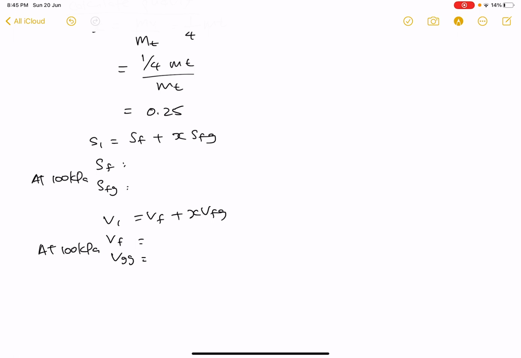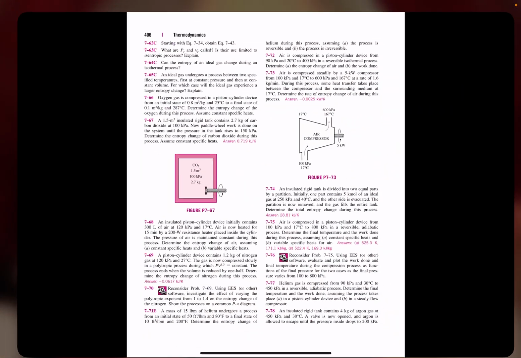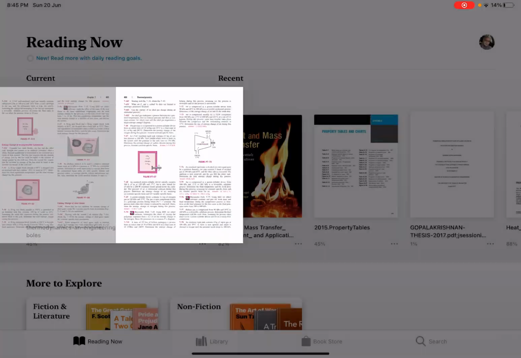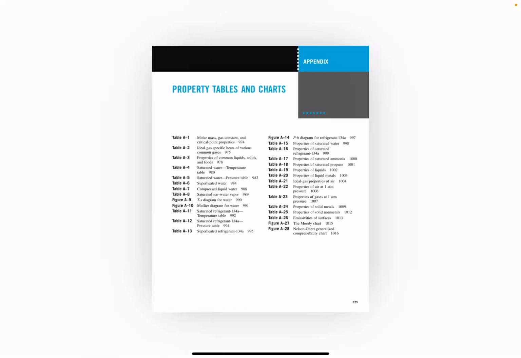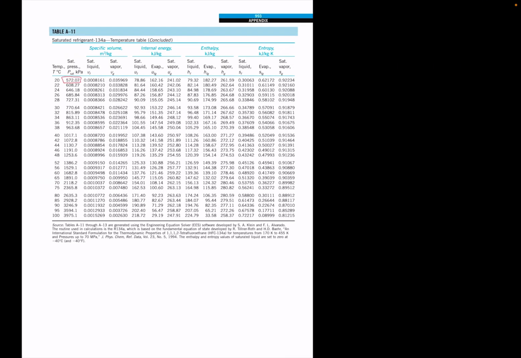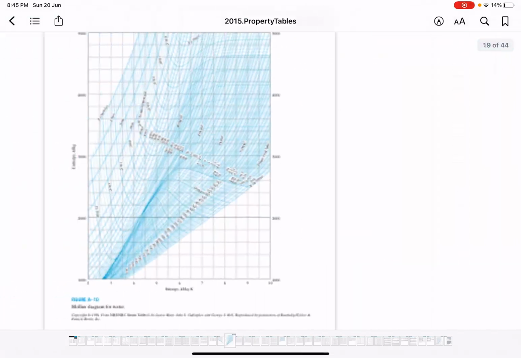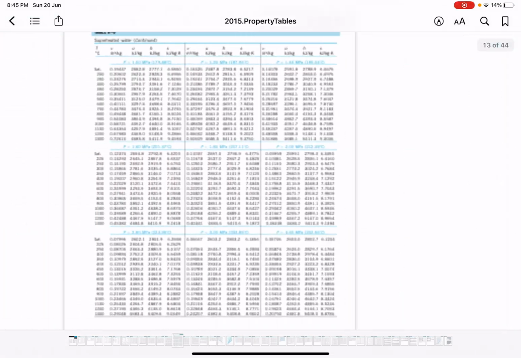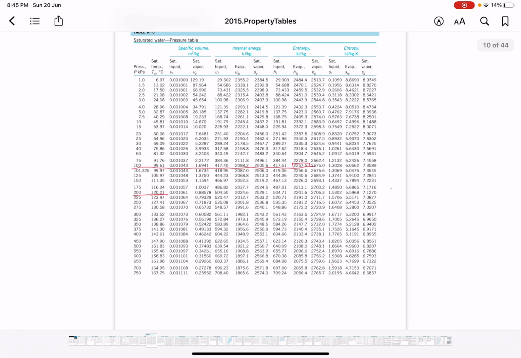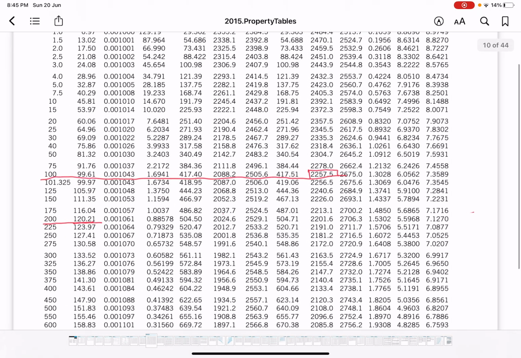So I will open the properties table, since it is water. Saturated water at 100 kPa.